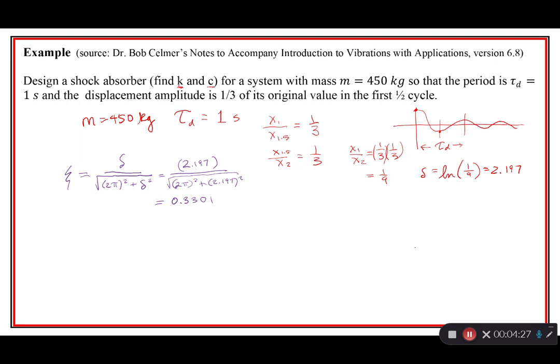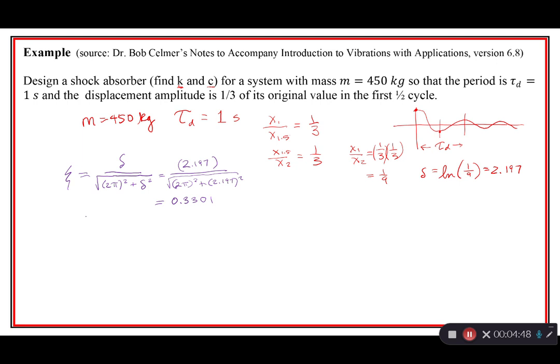Let me see. I guess we can get the natural frequency. Yeah, that's what we can do. We can get the undamped natural frequency. We could get the damped natural frequency from this. I guess we don't need it. Either way, we could have gone either way.